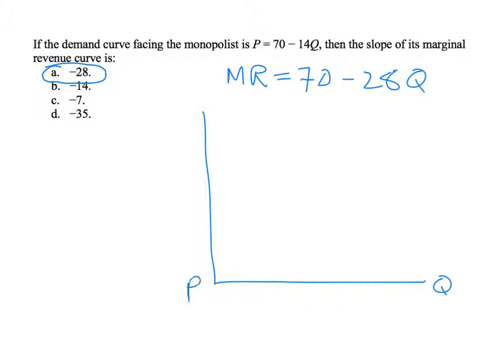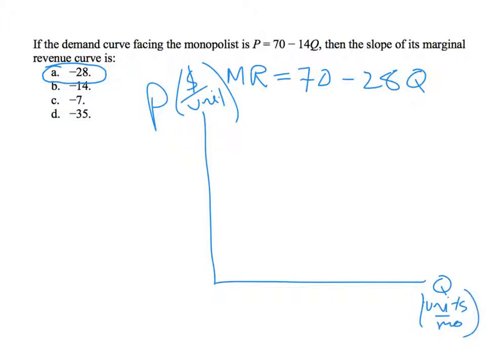Price in dollars per unit, quantity in units per month. This would have a y-intercept of 70 and an x-axis intercept of 5.